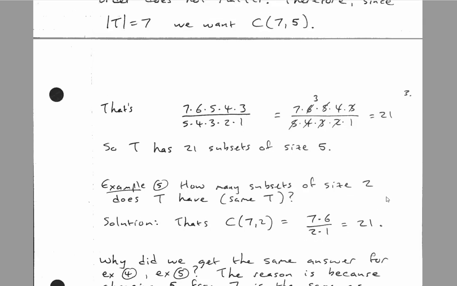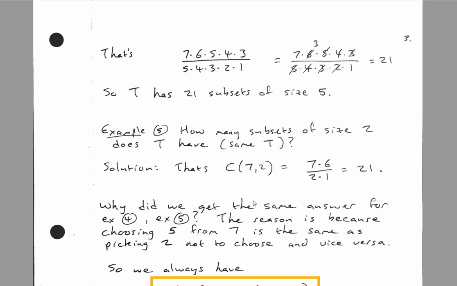Is that a coincidence? So choosing 5 combinations from 7, there were 21 ways. And that's the same as the number of 2 combinations from 7. And in fact, that always happens.